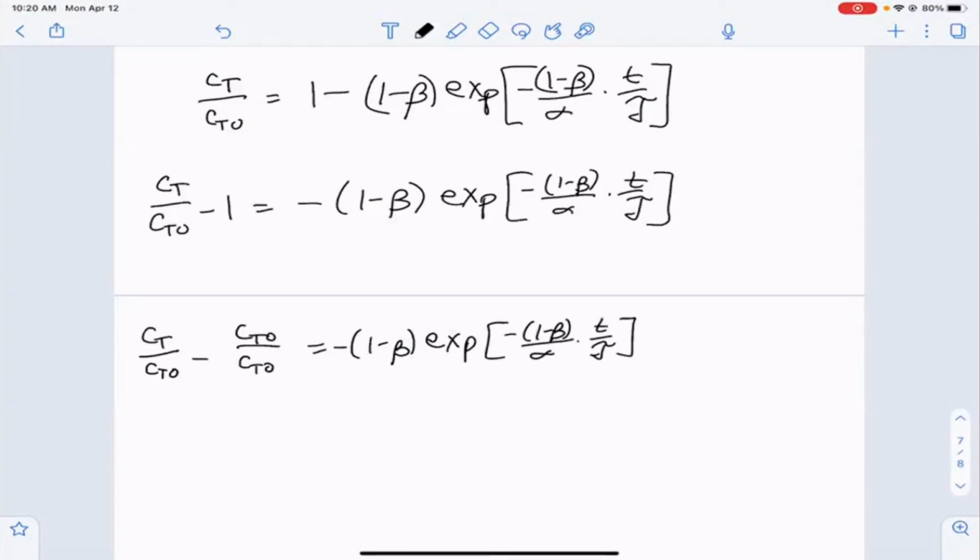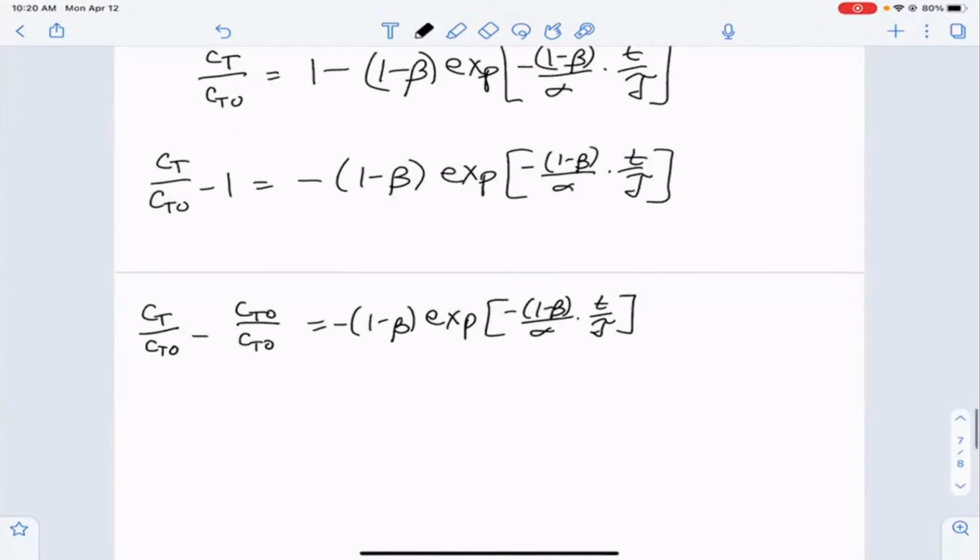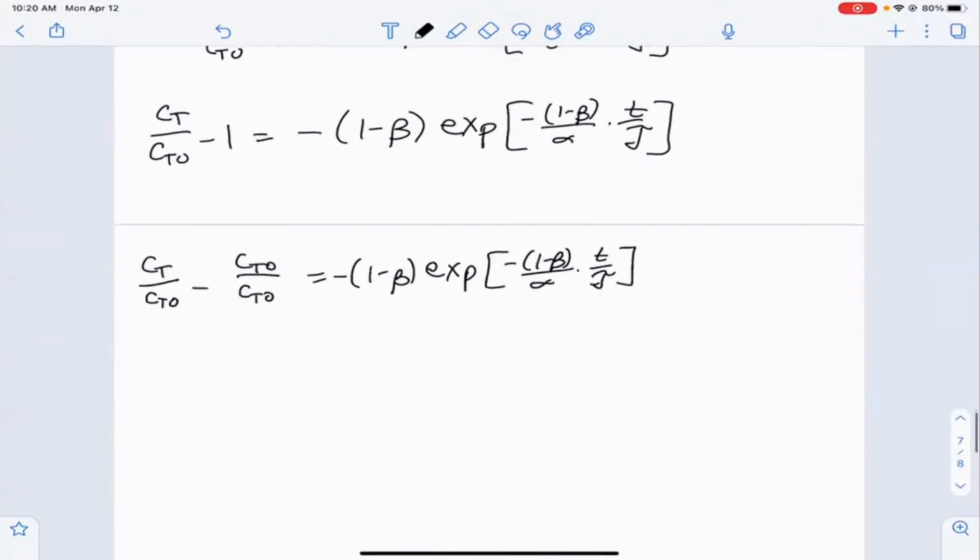Okay. And now I'm just going to combine that together. So this becomes CT minus CT0 over CT0. And the other thing that I'd like to do here is I want to multiply this side of the equation and this side of the equation by minus 1. So I'm just going to rewrite it that way.